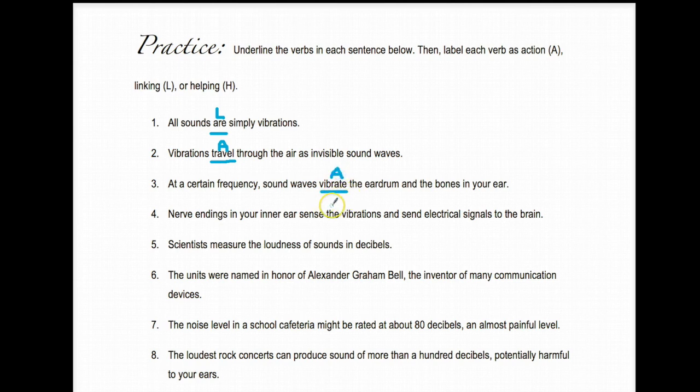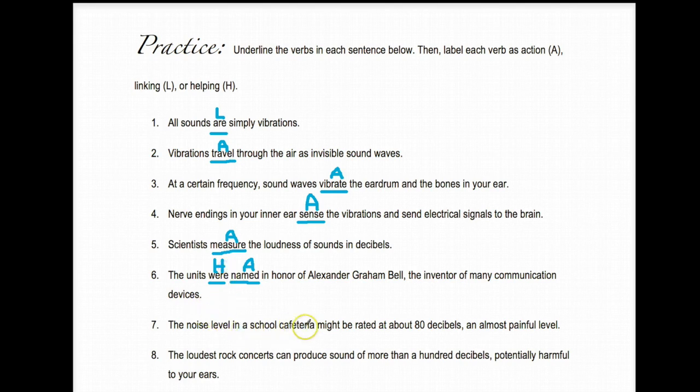In number 4, we have sense, which is an action verb. Number 5, we have measure, which is an action verb. In number 6, we have were and named. Named is an action verb, and were is a helping verb.